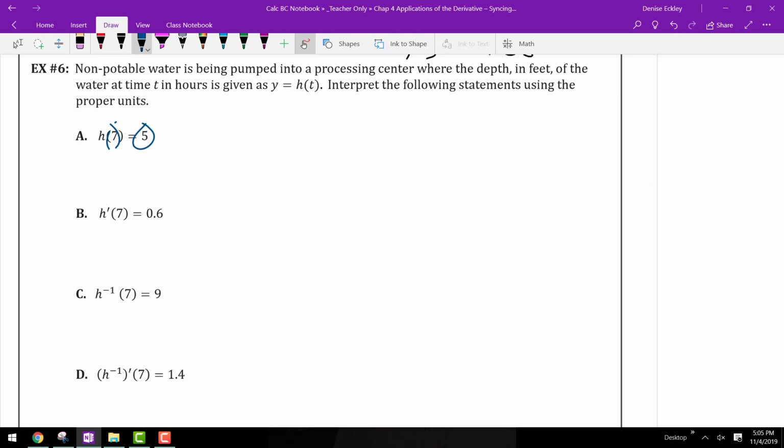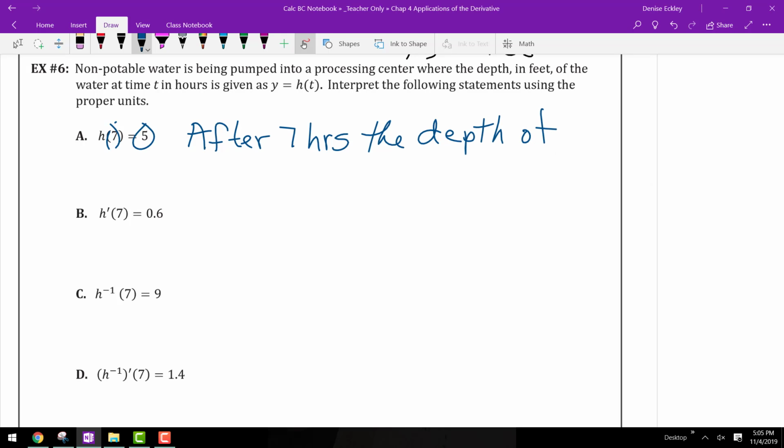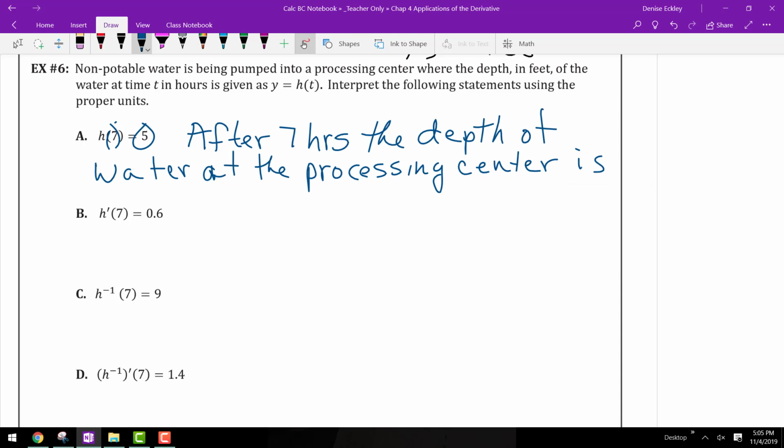So we can write after 7 hours, the depth of the water at the processing center is 5 feet deep.